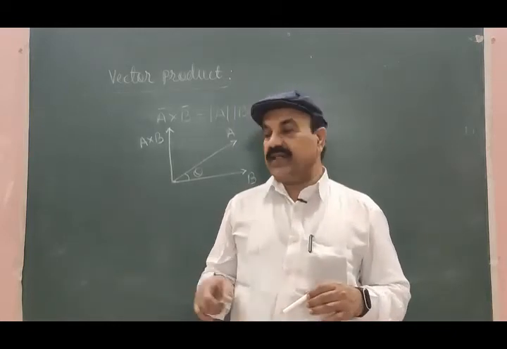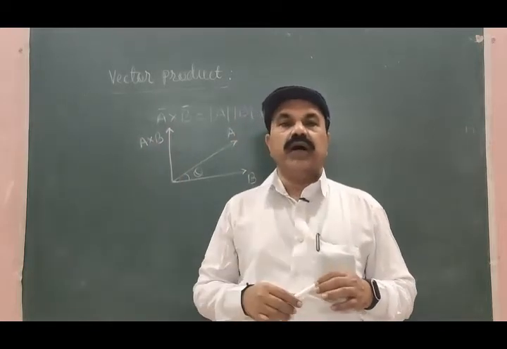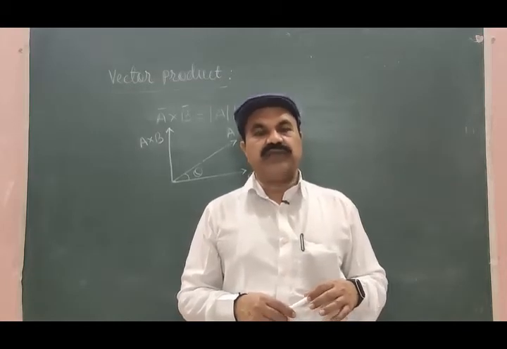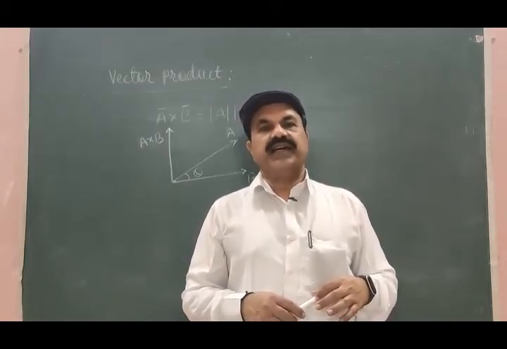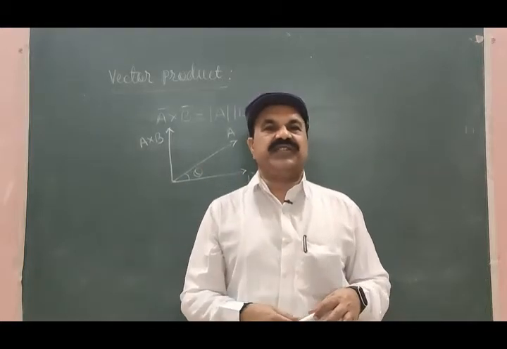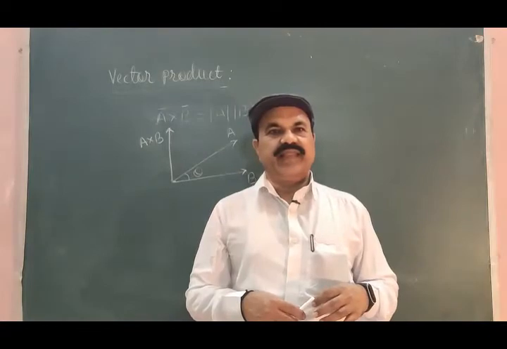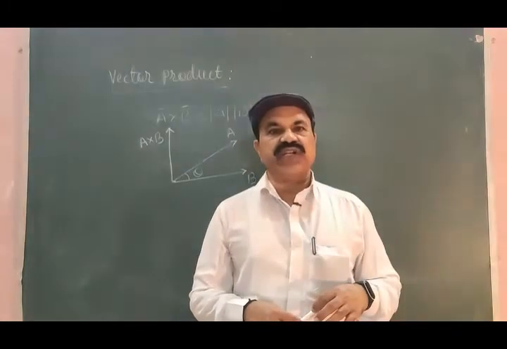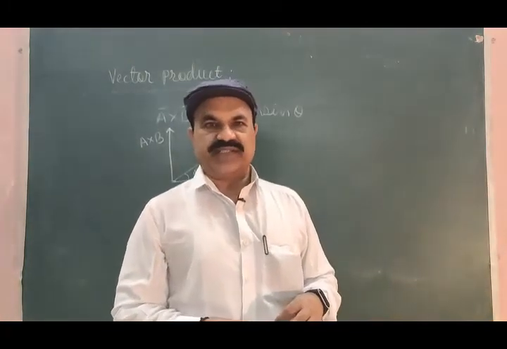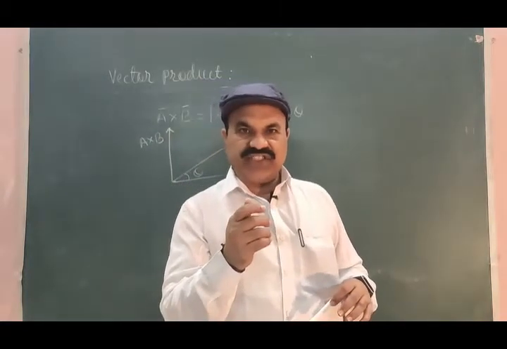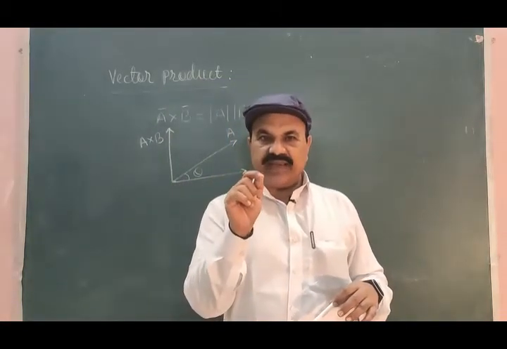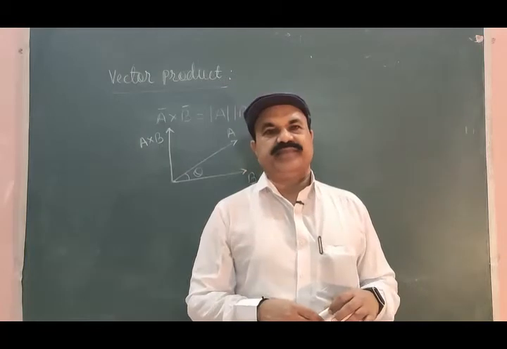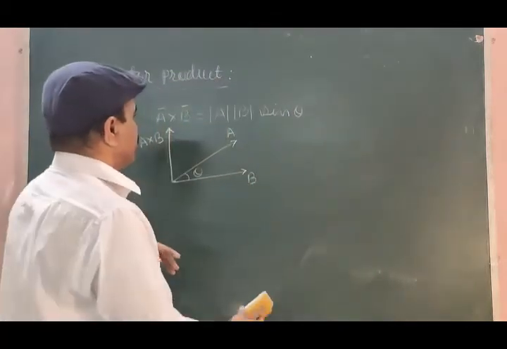When we take cross product of two vectors, the result is a vector, and therefore this type of product of two vectors is known as vector product, and the direction of the resultant vector is given by the right hand rule or the screwdriver rule. For simplicity, I have shown it here.